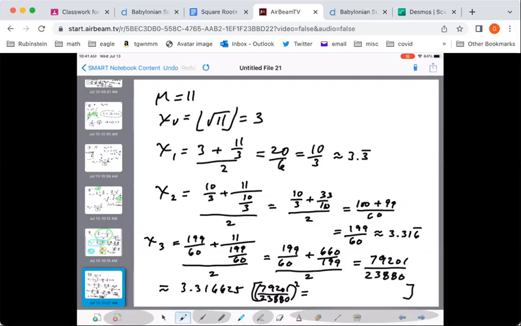By the way, I reduced 20/6 to 10/3. If you left it as 20/6, your answers might be equivalent, but with bigger numbers. But if you got 79201 over 23880, that's great, because that's what the homework has you do. And if you got 199/60, I expect on the final exam I would only have you go out to x2. So be ready for that.